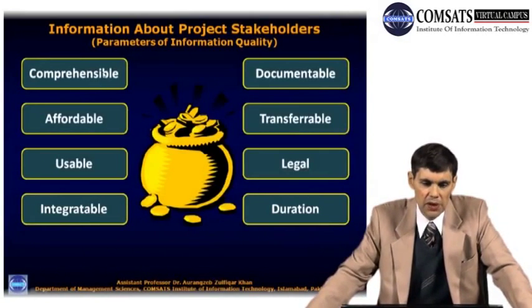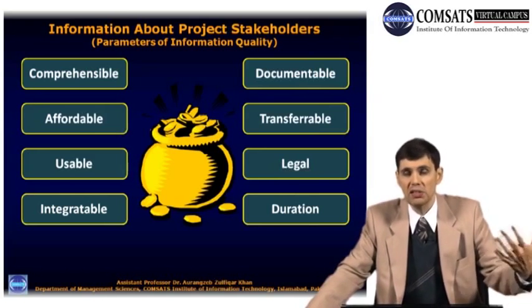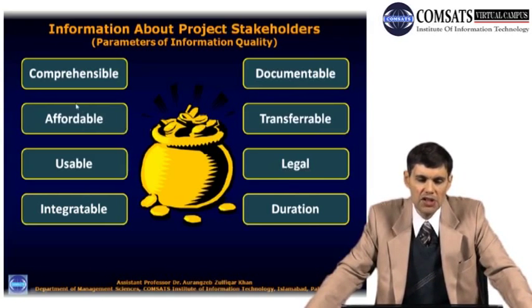Some other parameters over here, the comprehensibility of information. How comprehensible is the information? Can you understand it? Is it given in a way which makes sense? Affordability. How much does the information cost? Is it affordable? Usability.